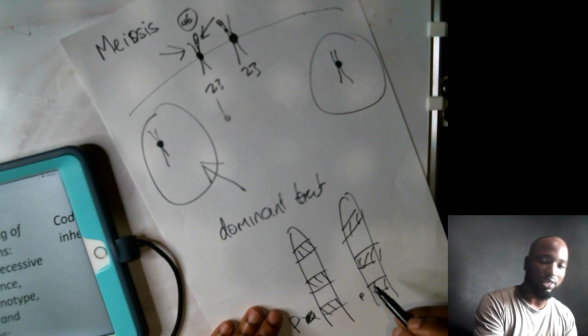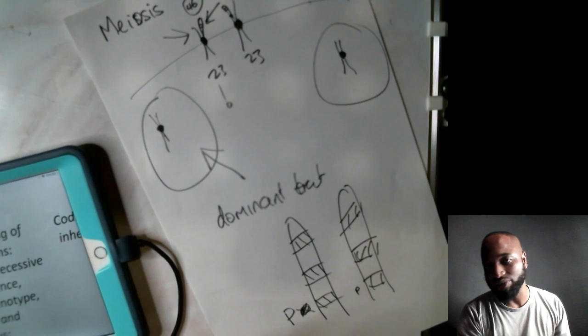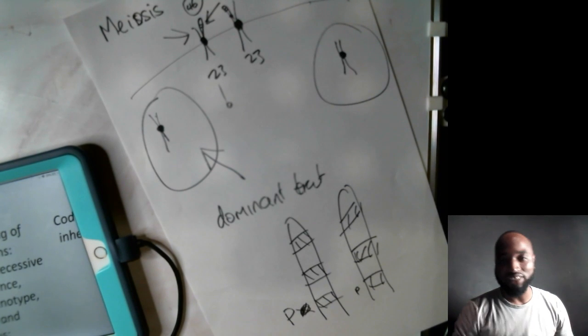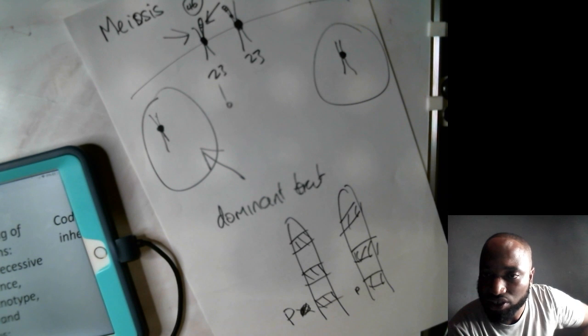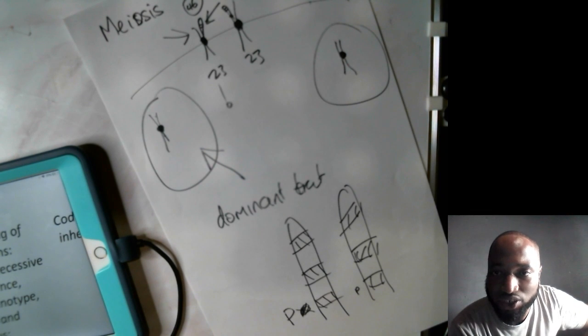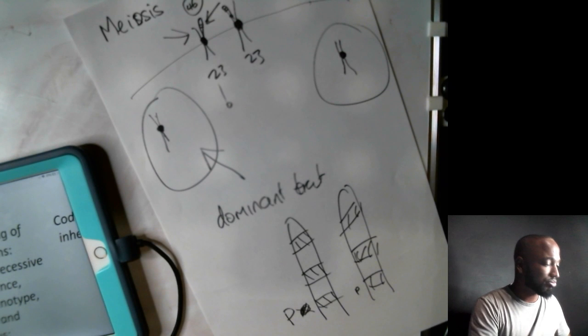Small p here. You understand? They use small letters for recessive, capital letters for dominant. The one that's dominant will always show once it's present. The dominant trait is the characteristic that is most prevalent in the offspring, that is always expressed even in the presence of a recessive trait. So I take that definition as the best definition.